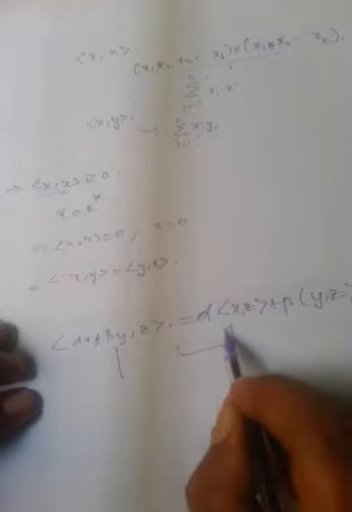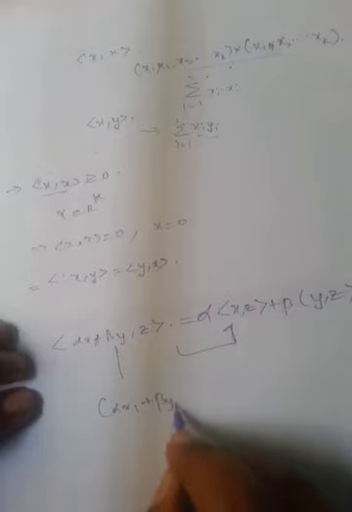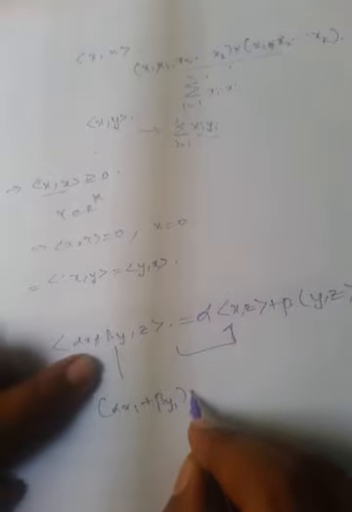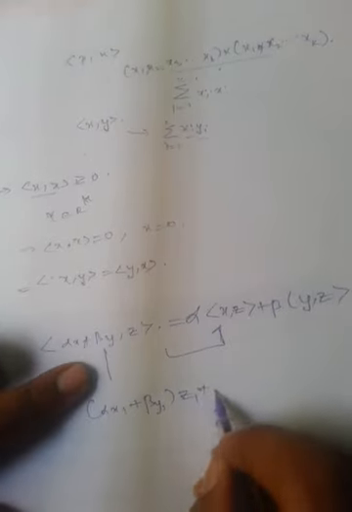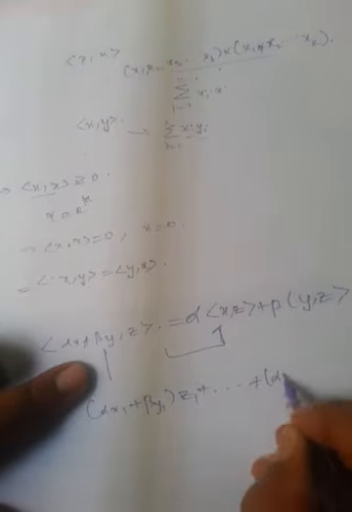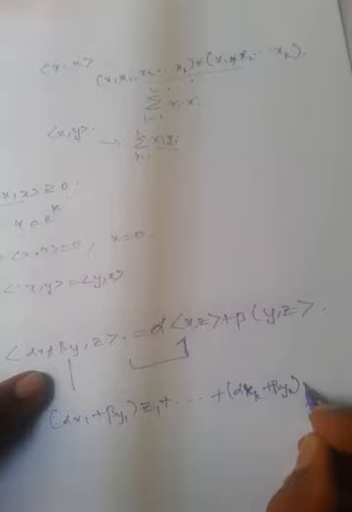It is simple. You can take this one and prove it. So alpha x1 plus beta y1, this is what it says, right, into z1, plus so on, alpha xk plus beta yk.